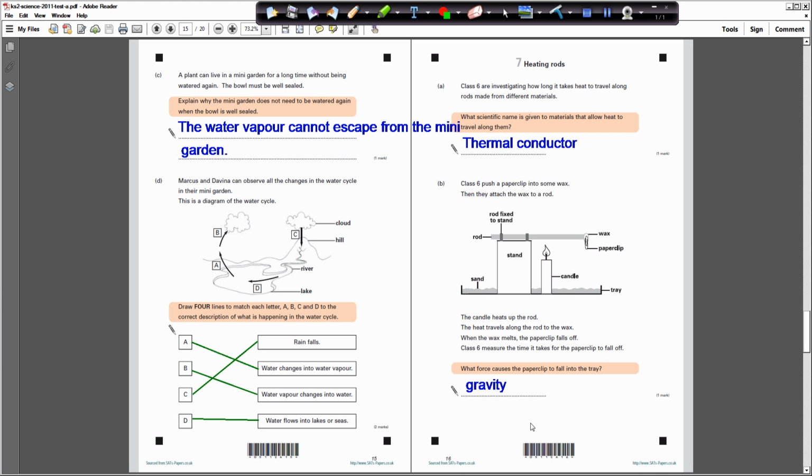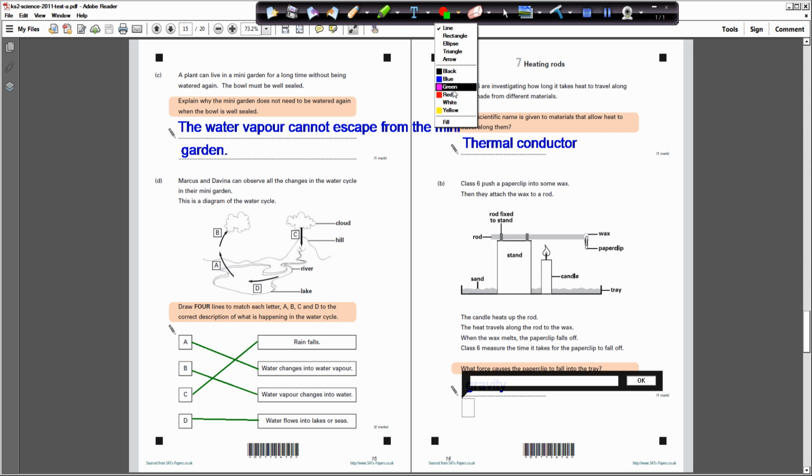And you got it. For question 7, part B, the answer is gravity. Gravity is the force. You can write an answer like gravitational attraction. Gravity is allowed, but gravitational attraction is the preferred answer. So let's write that underneath in a different color.